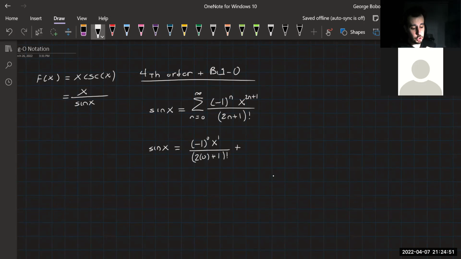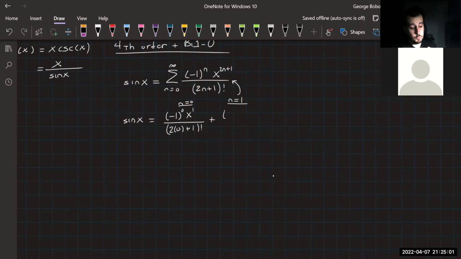So the next term here would be -1. This is the n equals 0 term. This is the n equals 1 term. I'm just plugging in the value of n. So we get -1 to the 1 power, then x to the 3rd power, divided by 2 times 1 plus 1, so 3 factorial on the bottom.